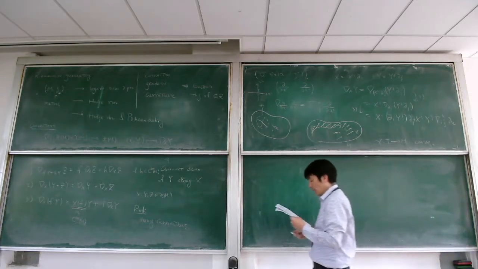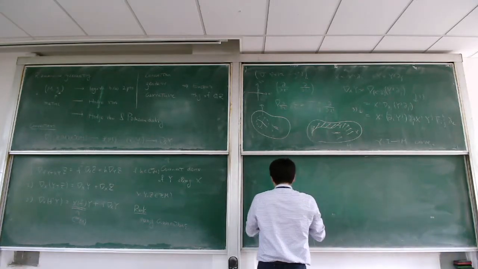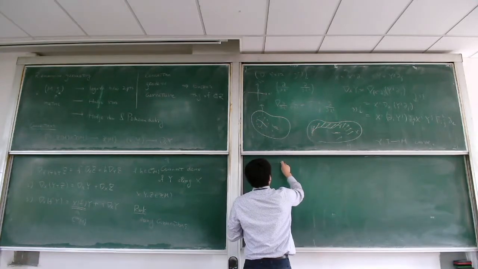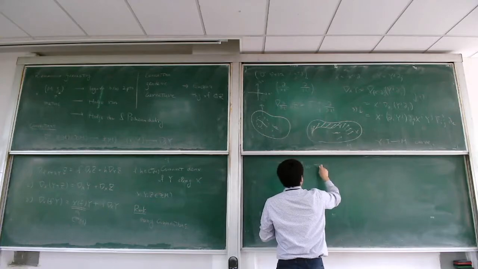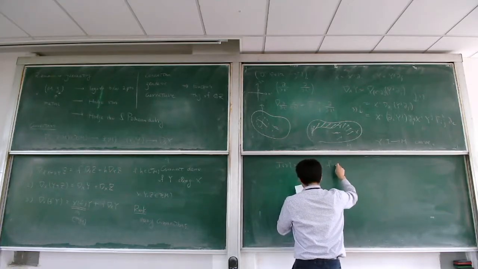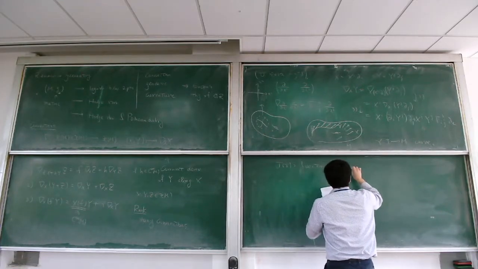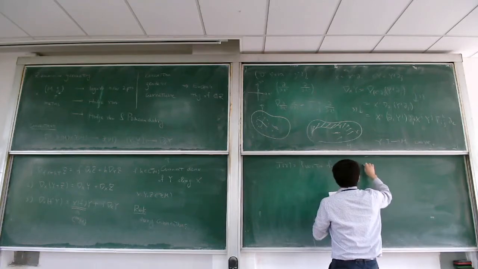Then J gamma denotes the vector fields along gamma.